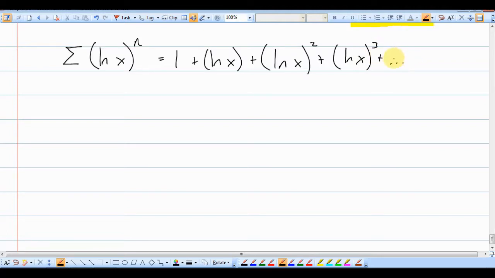So remember, if you're using the ratio test for an interval, you have to check the endpoints. But since we're not, we're kind of done here, this is a geometric series.